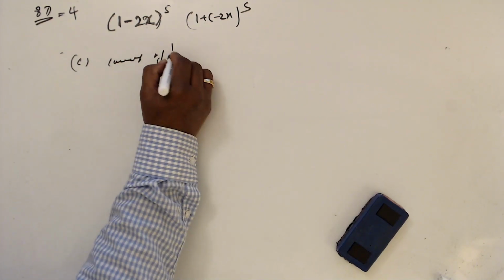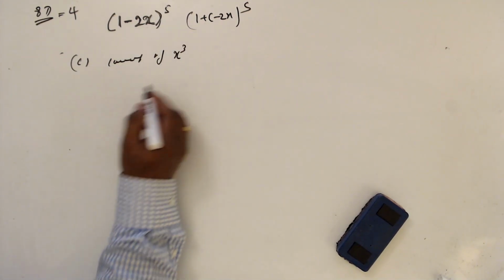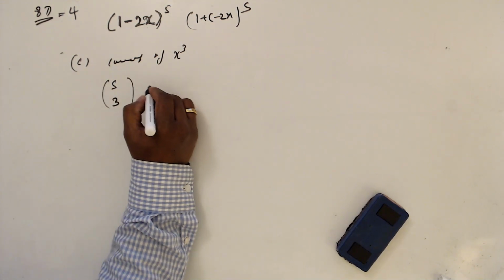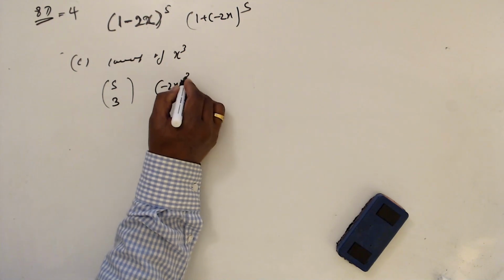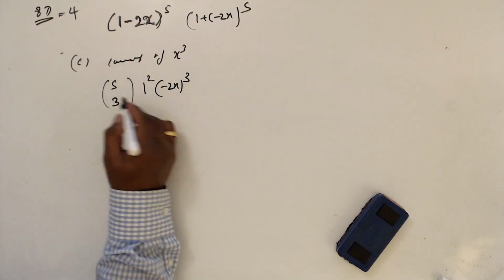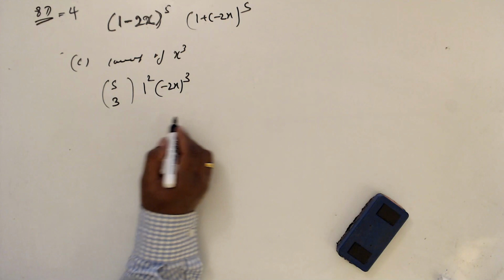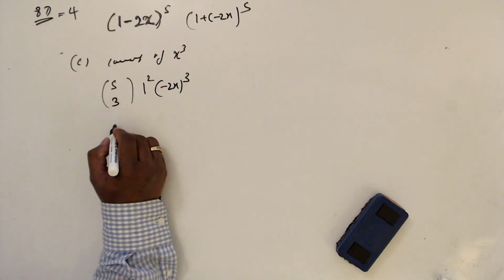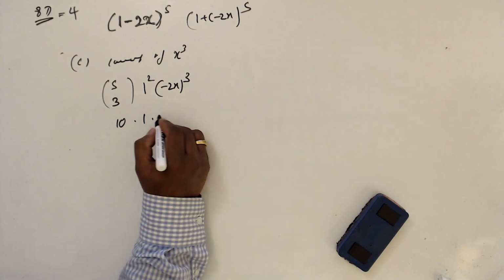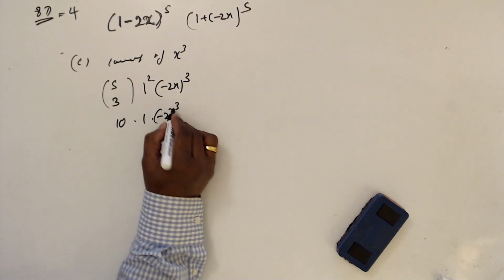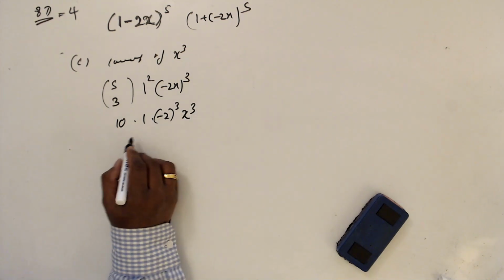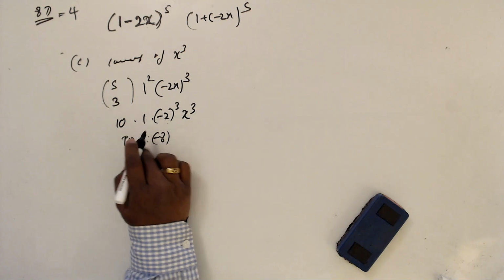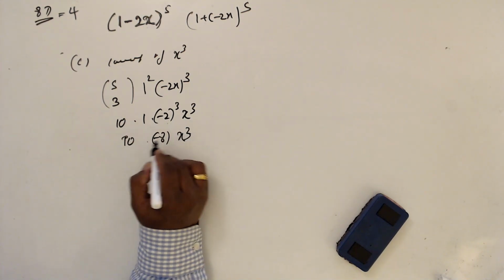The coefficient of x cube we need to find. Then 5C3 times minus 2x cubed and 1 squared. So 5C3 means 10, times 1, times minus 2 to the power 3 x cube, or 10 times minus 8 x cube.